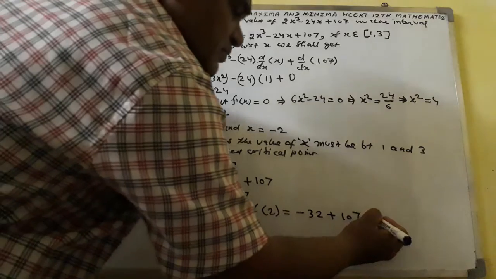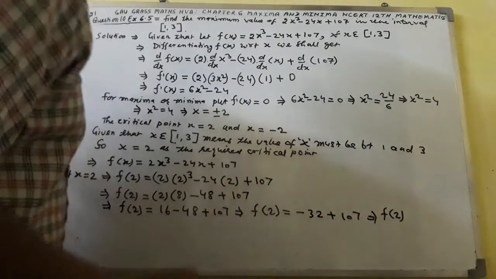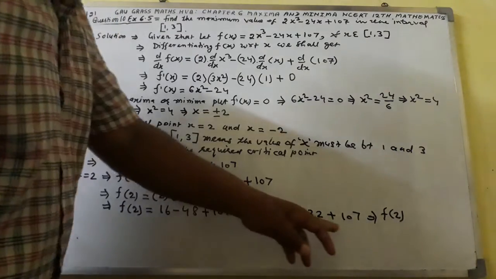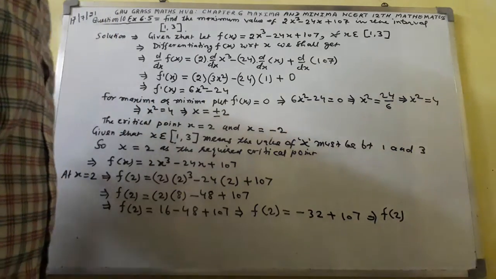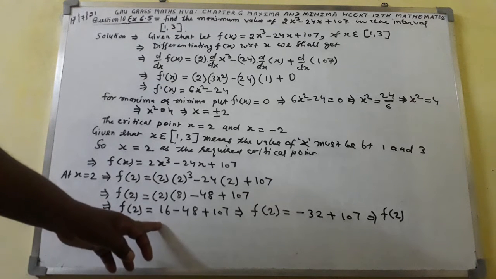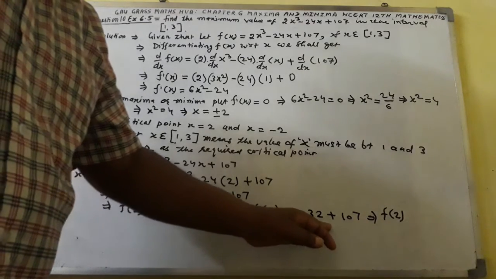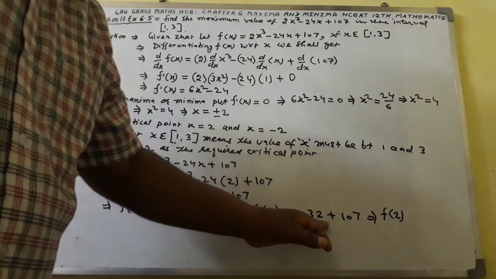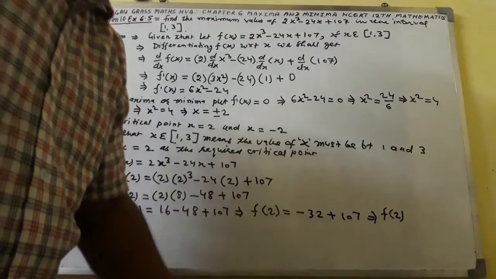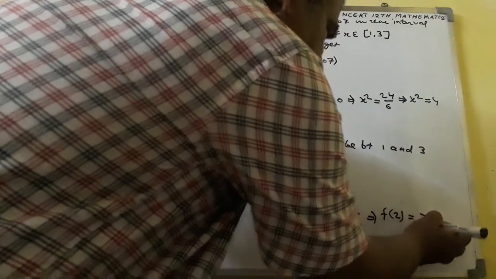Again I shall write, implies that f of 2, 107 here, you will get 75.